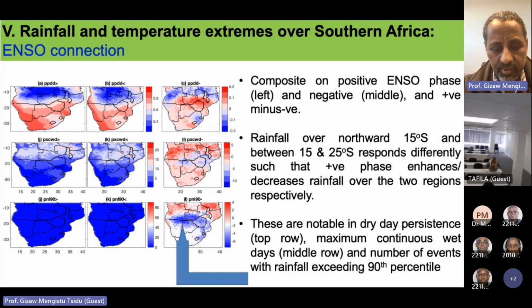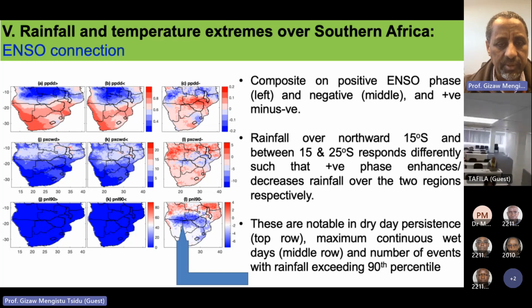During La Nina, for most Africans, including South Africa, the cold phase of ENSO, which is La Nina, is generally providing excess rainfall to the region, whereas El Nino is the one which is usually associated with drought.